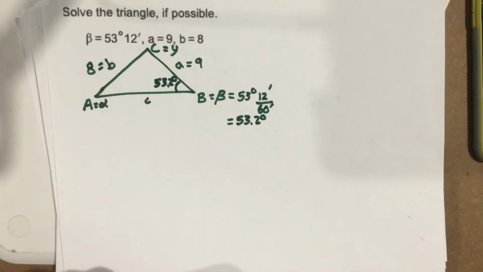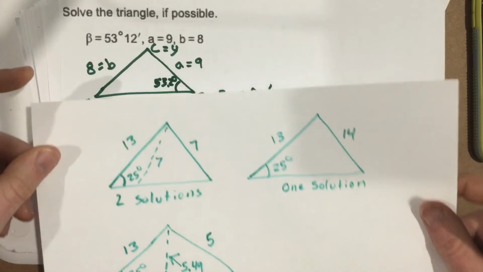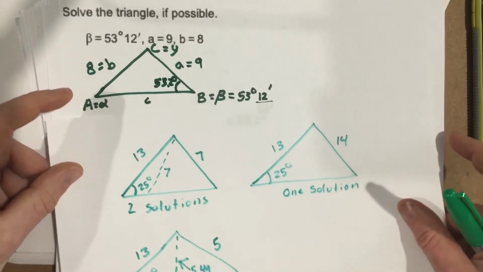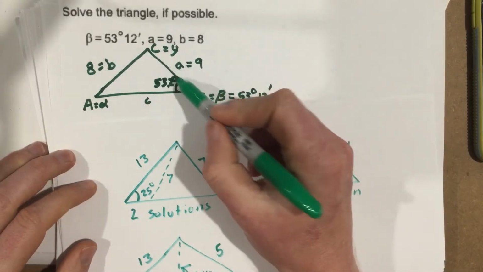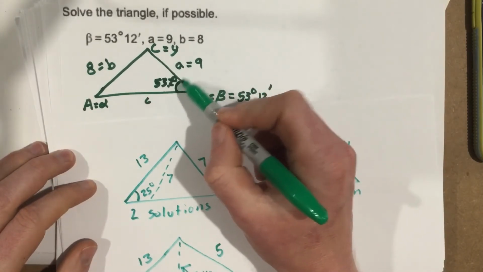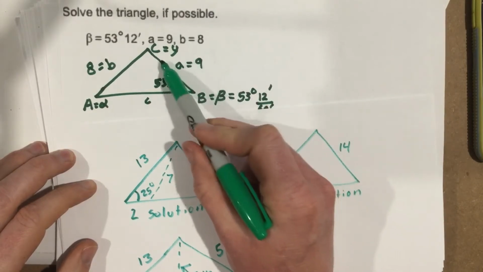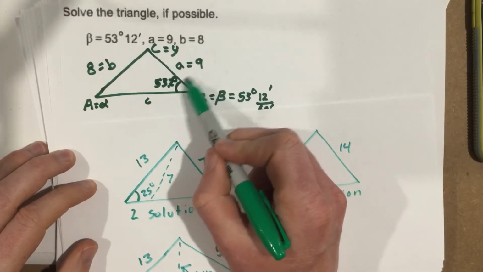We've got to figure out, is this actually possible to solve? I've talked about in previous videos that we want to look at the side length of the side that's touching the angle, and we see that that's 9. So this side length is touching the angle, and it's 9.